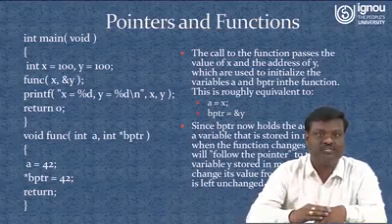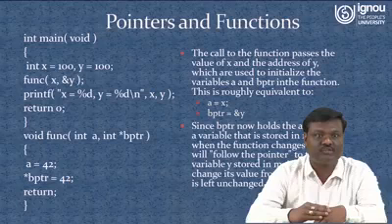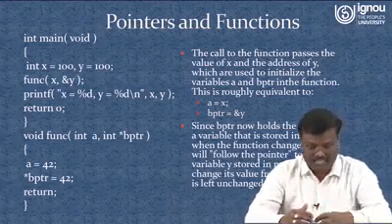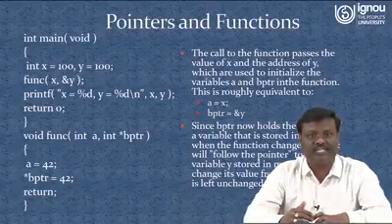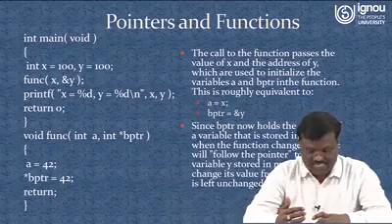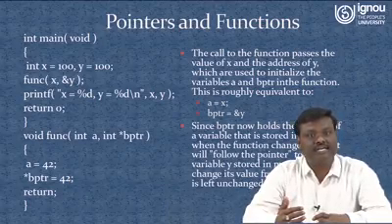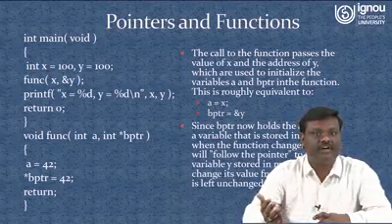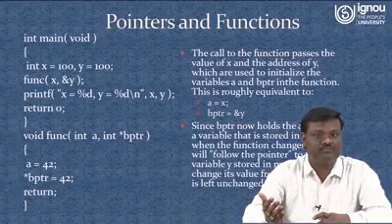Here the value is given as a is equal to 42 and then star BPTR is equal to 42. So whenever you display the values, you will get the print statement as x equal to 100 and then y equal to 42.